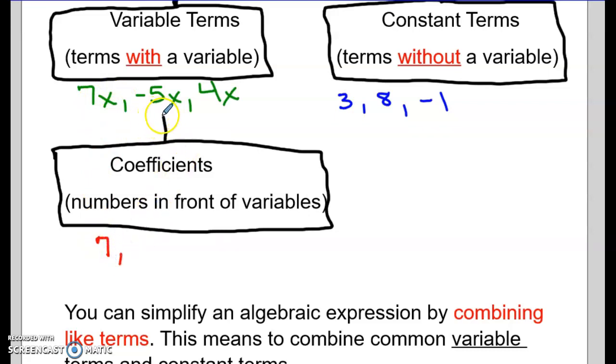In this term, negative 5 is the number in front of the variable. And in this last term, the number 4 is the coefficient because it's the number before the variable. So these are our coefficients, the numbers in front of the variable.